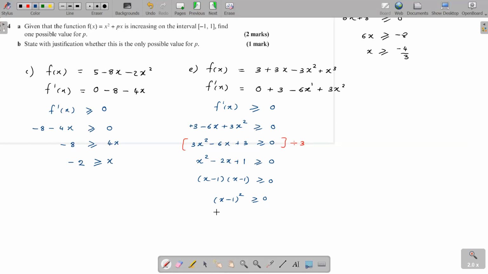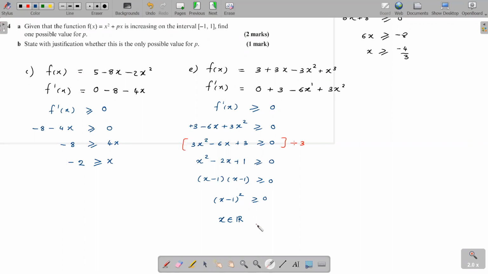So what is the answer? The x values that make your gradient positive, or your y values increasing, are all the x values. So we write x is an element of the real numbers. That means you can take every single x value on the x-axis. For all x values on the x-axis, the graph is increasing.